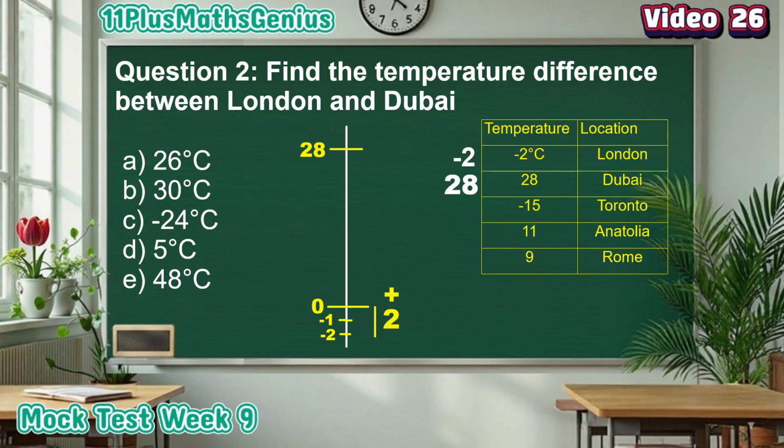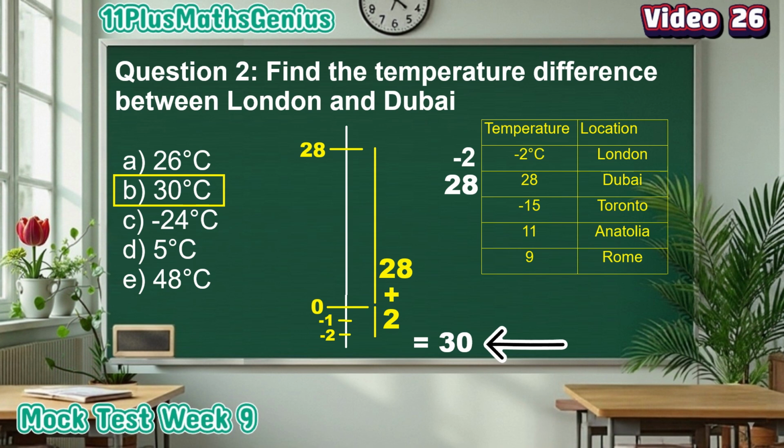From negative 2 to 0, the difference is 2 degrees Celsius. And then from 0 to 28, the difference is 28 degrees Celsius. If we add those two together, we get 30 degrees Celsius, which is the temperature difference. So the answer is B.